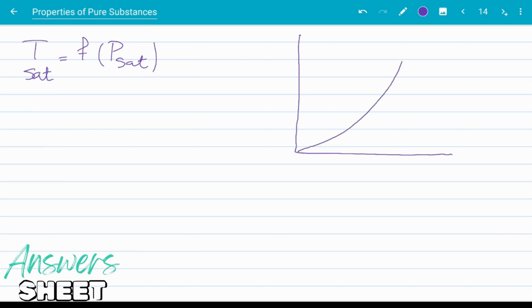Now, one thing that you need to pay attention to is that the saturation temperature is actually a function of the saturation pressure. What I mean by that is they follow a trend, at least for water, like this, where this is the saturation pressure and this is the saturation temperature.